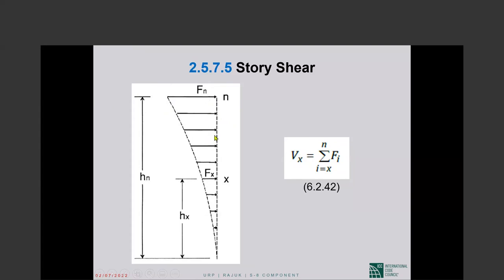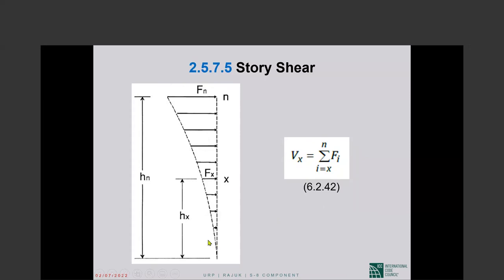The story shear here is the sum of the three forces above. So the story shear at story X is the summation of all the shears above. That is expressed by that expression.